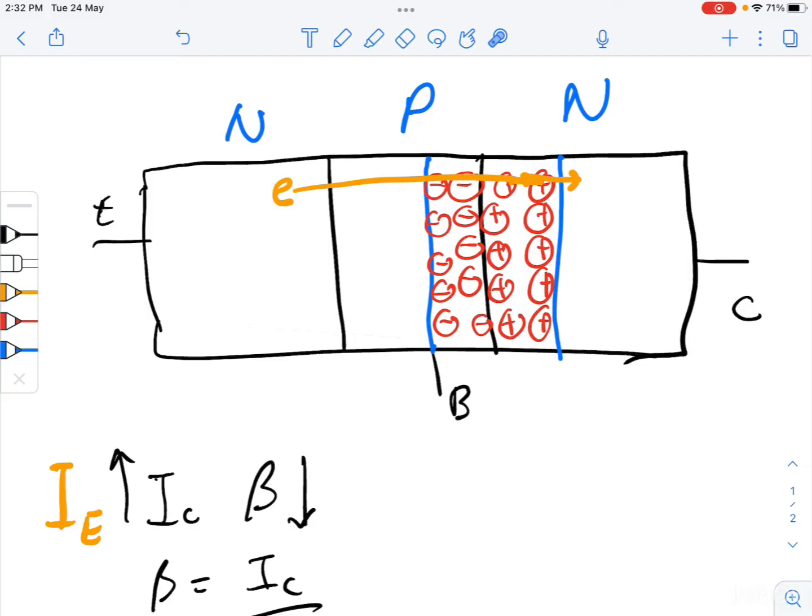We have a lot of electrons going through, too many. So what happens is, when the electrons pass through the depletion region, especially in this area, this ionized atom is positively charged because it lost its free electron carriers.